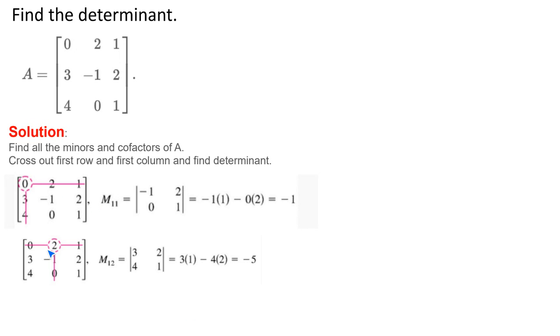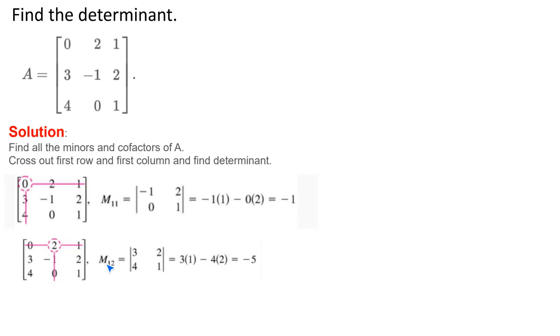And then we're going to do this for each number, right? So now I'm going to go to the number 2. I'm going to cross out the row and the column. I get the 2 by 2 that's left over, which is 3, 4, 2, and 1. So I multiply 3 times 1, minus 4 times 2, and I end up with -5. The important thing to remember here is the naming.